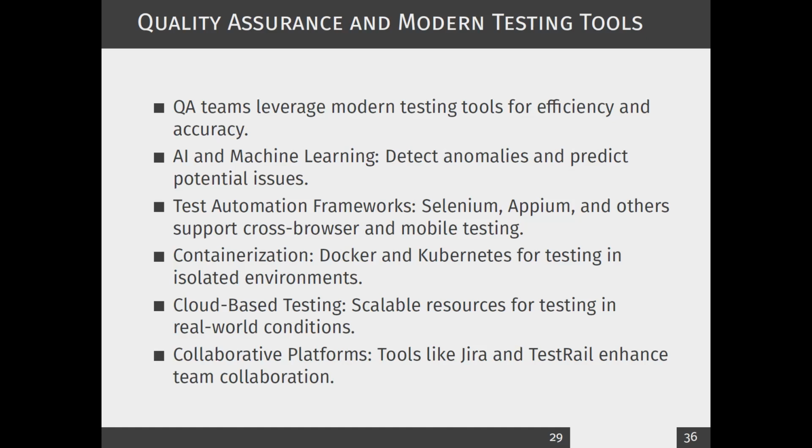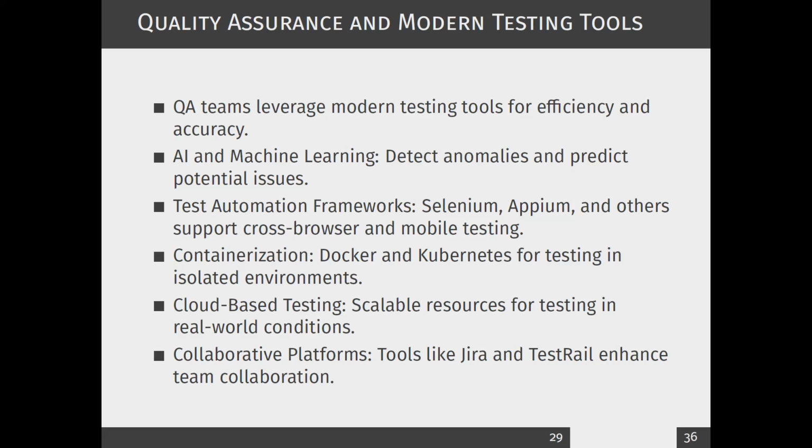And in some other places, they might have their own dedicated QA team, right? So for quality assurance, there are a lot of tools and techniques used, so they can look for efficiency and accuracy. AI and machine learning especially can be used to detect anomalies and any issues, or there are test automation frameworks which you can actually use.